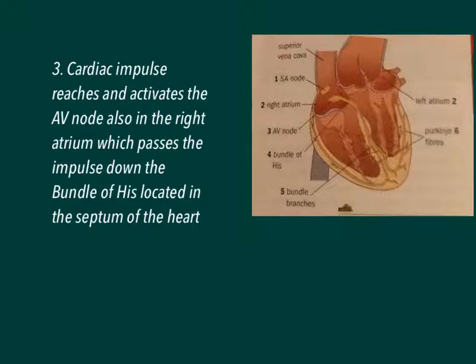And this impulse from the AV node will pass down specialized cardiac muscle fibers, which are known as the bundle of His, shown here. The bundle of His is located in the septum of the heart, which is basically the heart muscle of the wall, which splits down the middle of the ventricles. So that's all you need to know at this stage, that the impulse from the AV node is passed down the bundle of His, which is located in the septum of the heart.